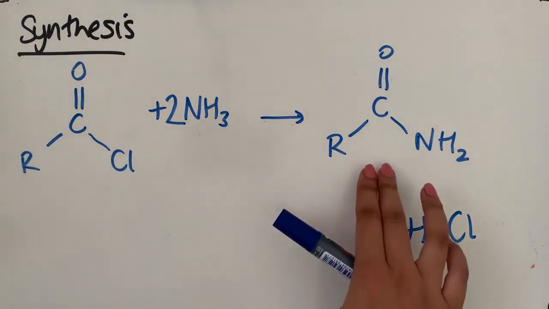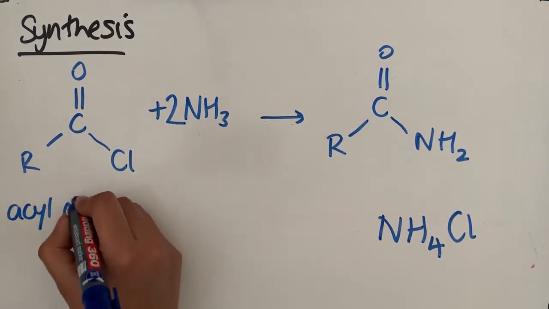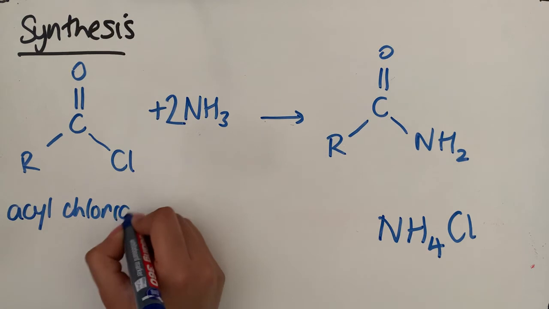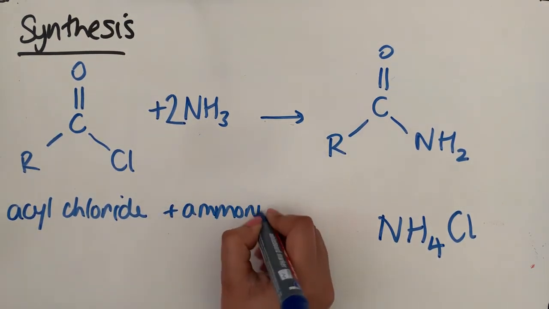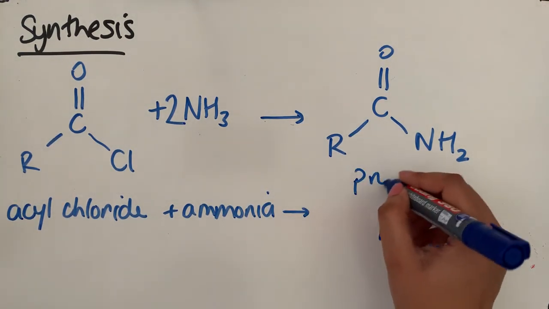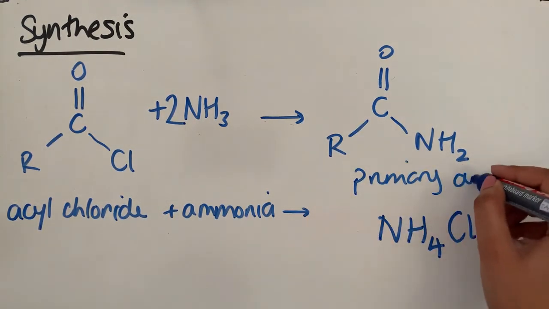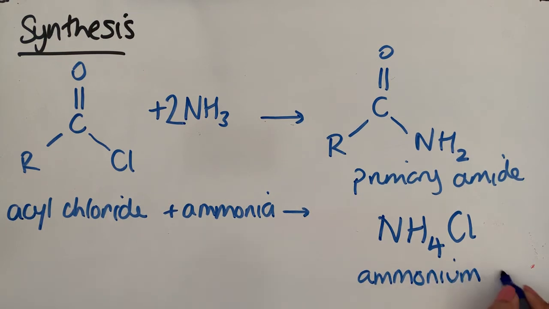So this is how we make a primary amide. We react together an acyl chloride plus ammonia, and we form our primary amide, and we form this ammonium salt, ammonium chloride in this case.